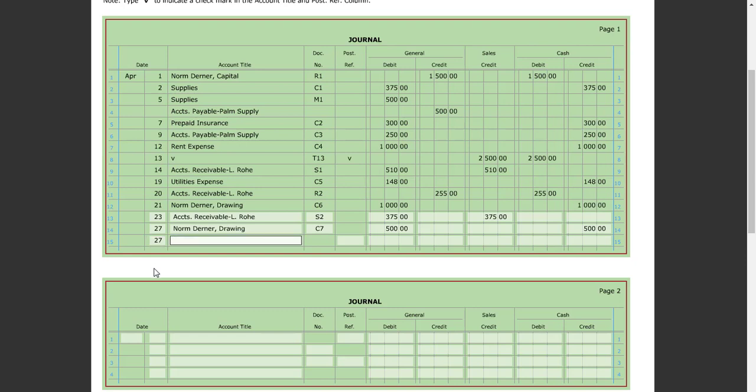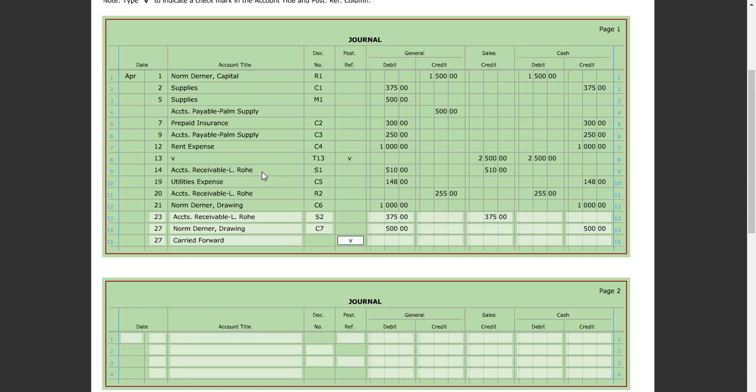Now, what I'm going to do is I'm going to take these numbers and I'm going to carry them onto the next page. So on line 15, I'm going to put carried forward. Carried forward again means I'm taking this number and putting it someplace else. I'm carrying it onto another location. Now, this is a total that we're doing, so there is no source document, but I do need to put a V in the post reference.